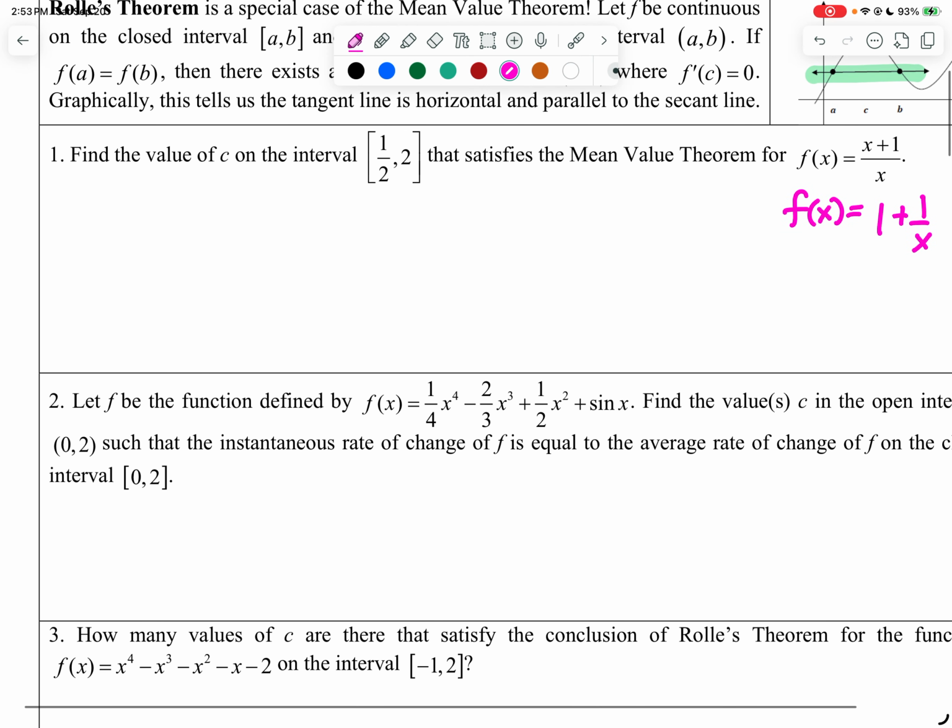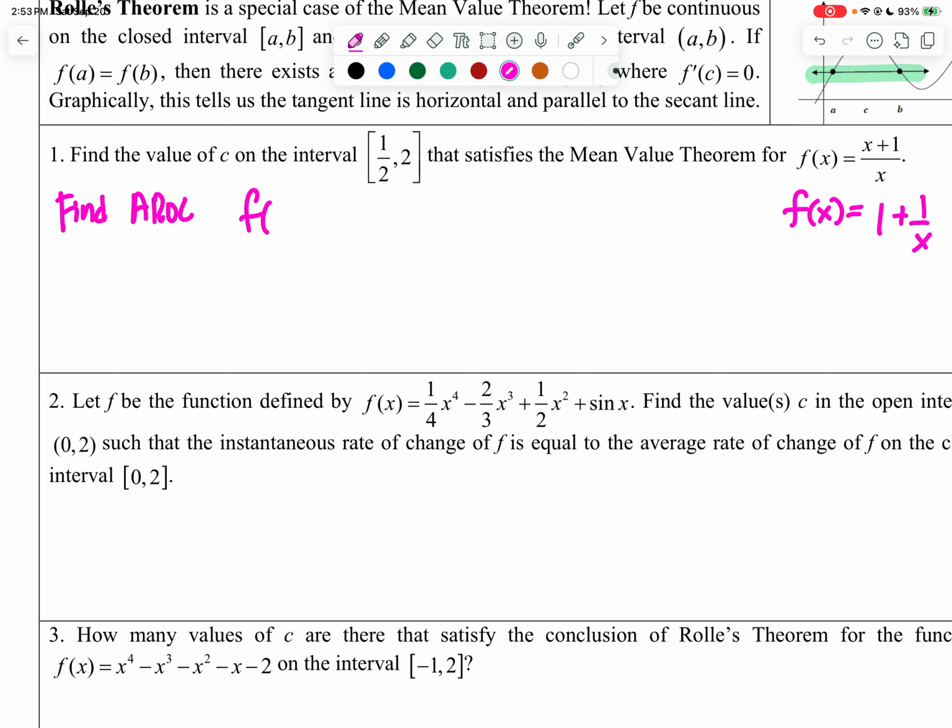The first thing that we're going to do is find the average rate of change from 1/2 to 2. So if I find f of 2 minus f of 1/2 over 2 minus 1/2, f of 2 would be 1 plus 1 over 2, which is just 3/2.